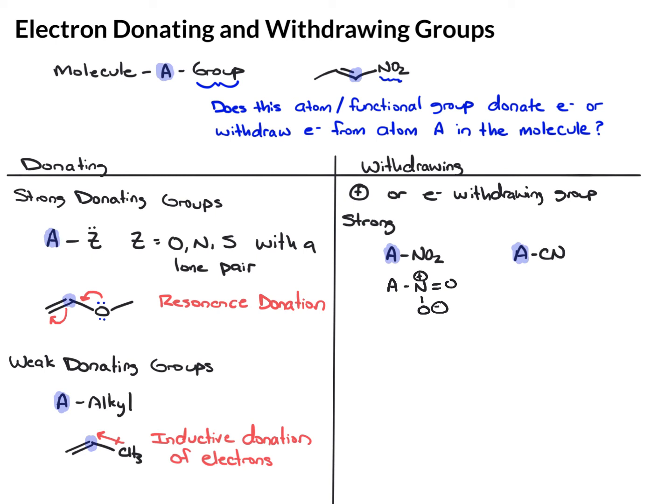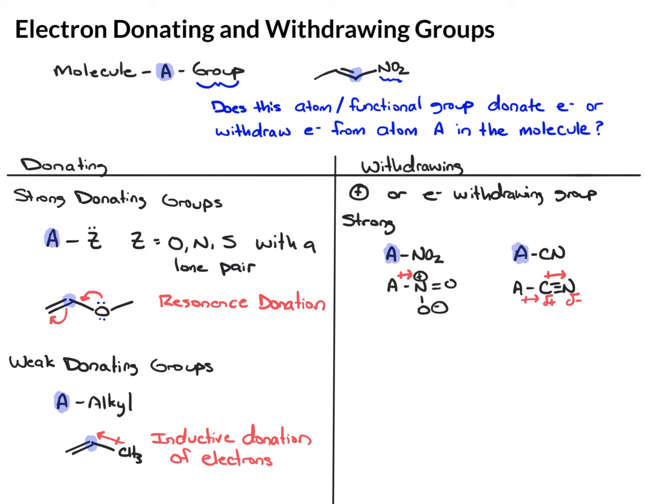So that positive charge on the nitrogen is pulling electrons towards itself, away from atom A. Likewise, if we draw out the Cyano group, it's C triple bond N, and the Cyano group is pulling electrons toward the nitrogen. So there's a partial positive on the carbon, partial negative on the nitrogen, and then that positive charge on the carbon is pulling electrons away from atom A.